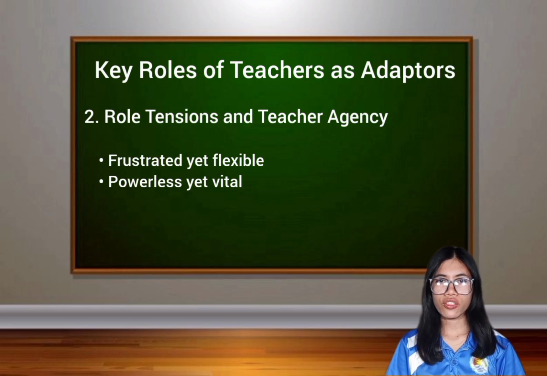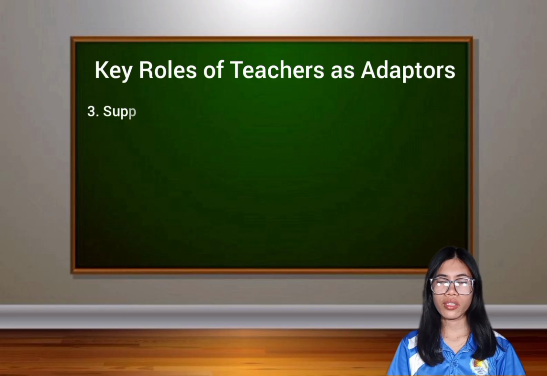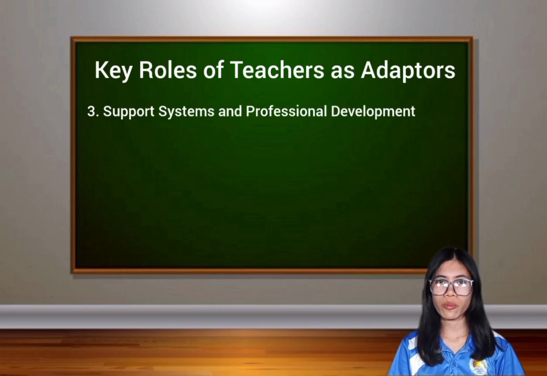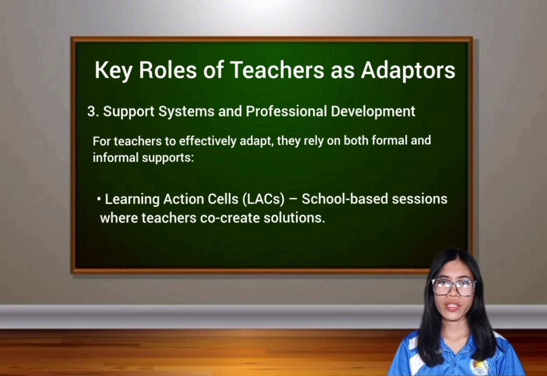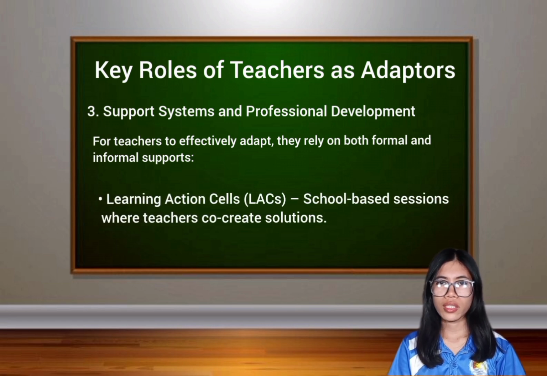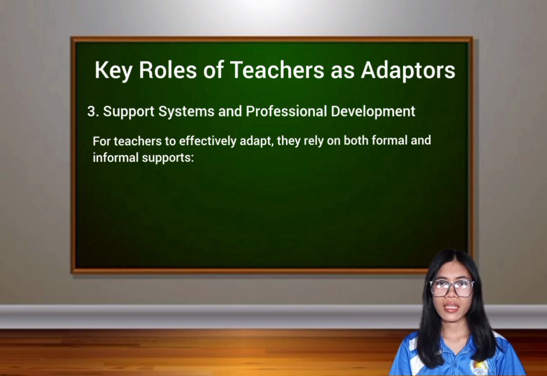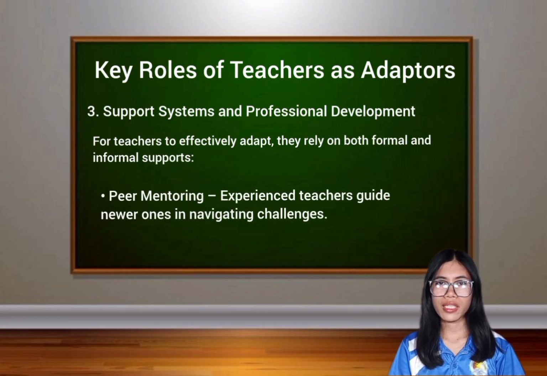After understanding the challenges teachers face as adapters, let us now proceed to the third key role, which focuses on the support systems and professional development that help teachers become more effective in adapting the curriculum. To adapt effectively, teachers also need support. This includes, first, learning action cells, where teachers gather in school to solve problems together. Next, peer mentoring, where experienced teachers guide the younger ones.